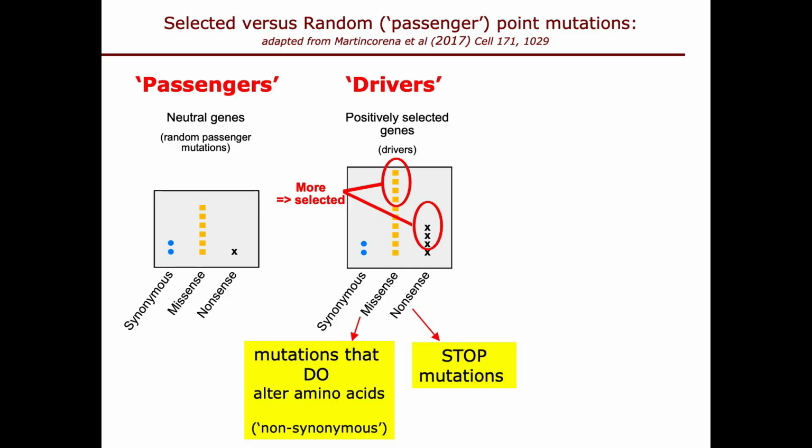And so if we look at the proportion of mutations which change amino acids and the proportion of changes that cause stop, we get an idea that the gene is the target of selected mutations.